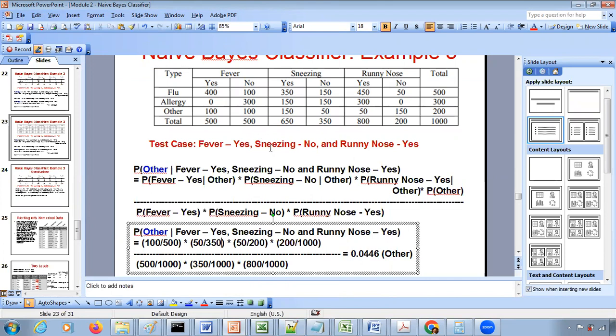Using this no, 50 over 350. Then runny nose is yes, 50 over 800.